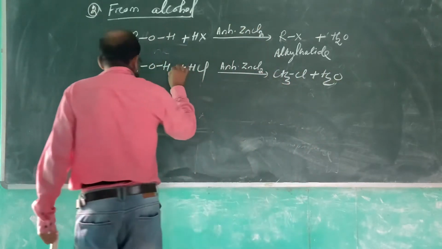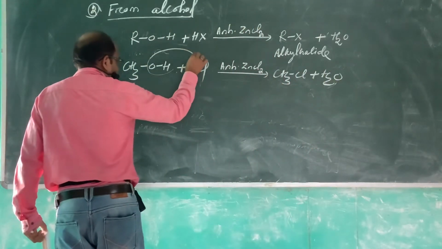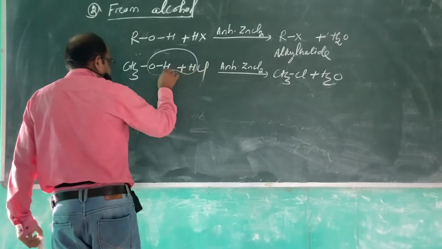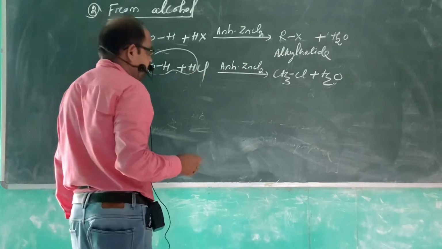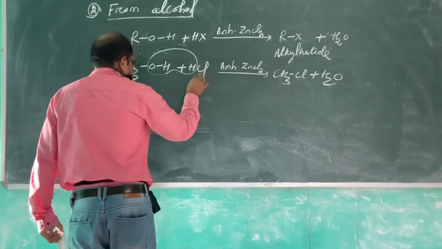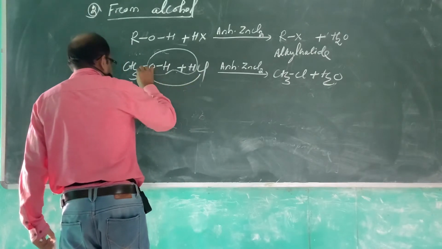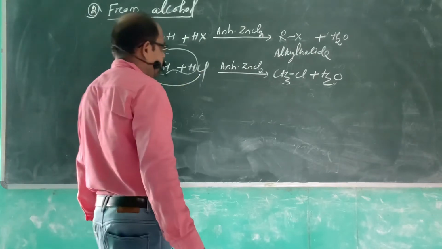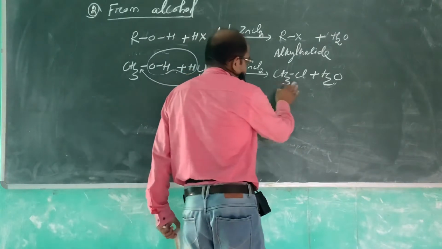Here OH group combines with the hydrogen atom of hydrochloric acid gives water, and then Cl group is attached with the methyl group. We can get methyl chloride.